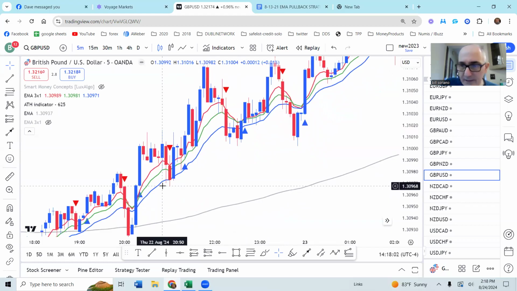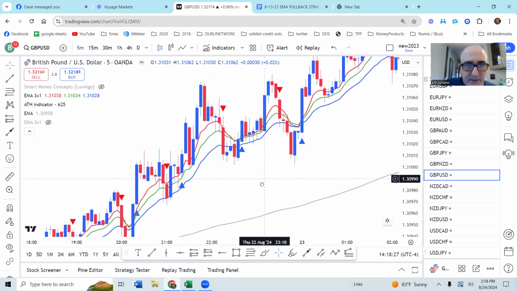The wick low on that trigger candle, if you look over to the right here, is 1.30967. So our stop loss would go 2 pips below that, or 1.30965, somewhere right around here.